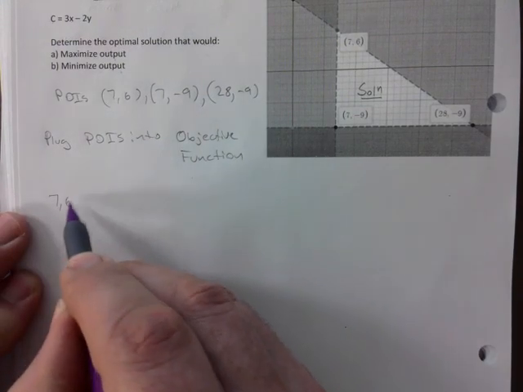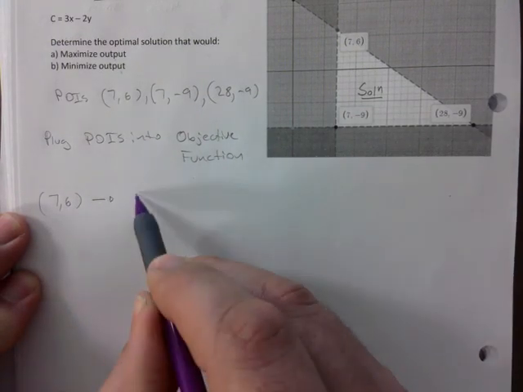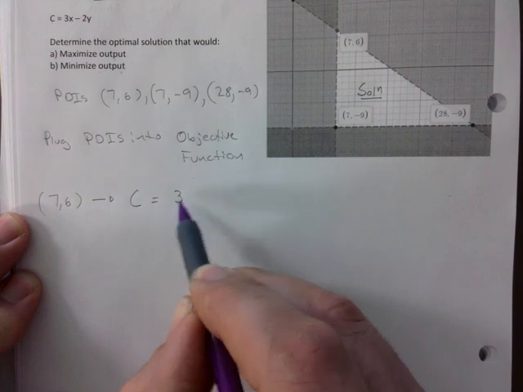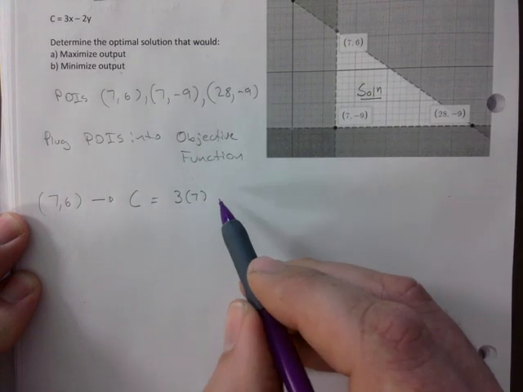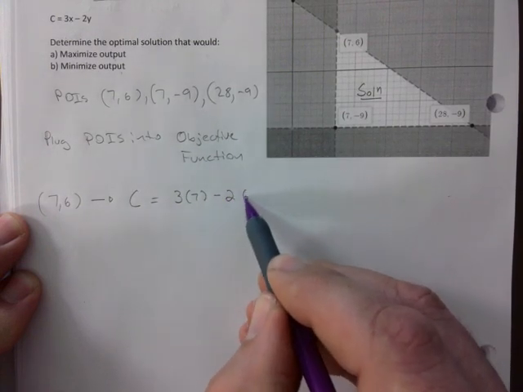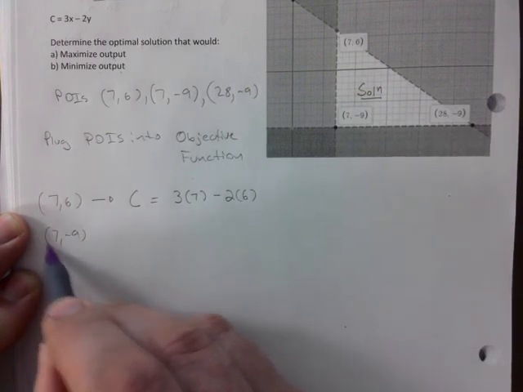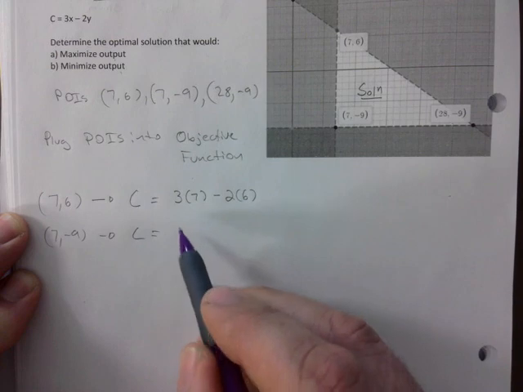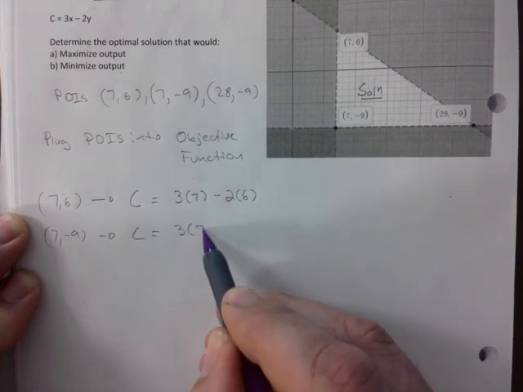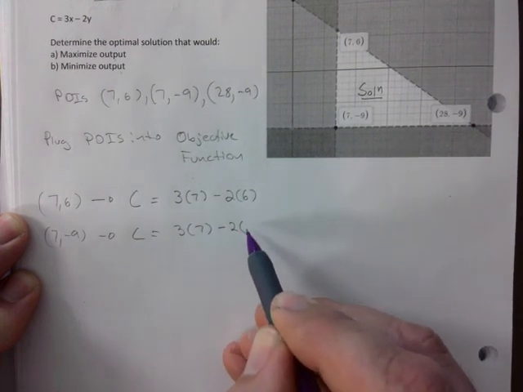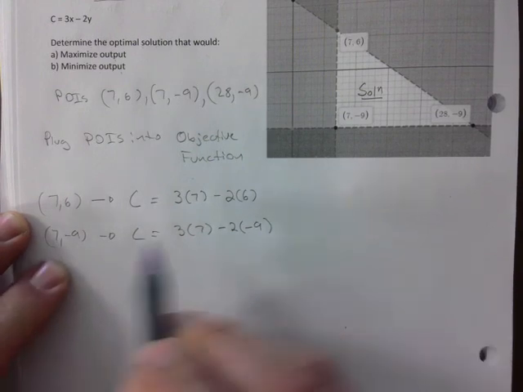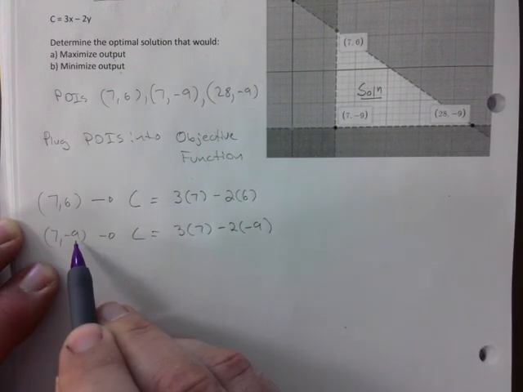You go 7, 6, we plug that in, and we get C is equal to 3x minus 2y. 7, -9, we'll do that as well. C is 3x minus 2 times y, y in this case being -9.